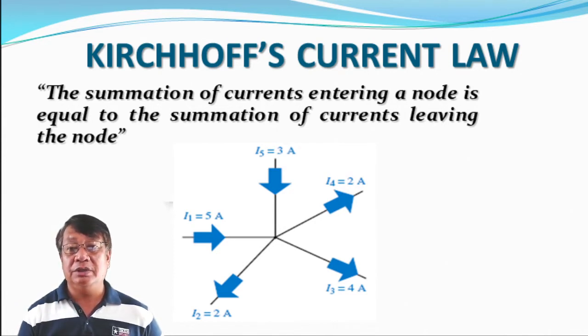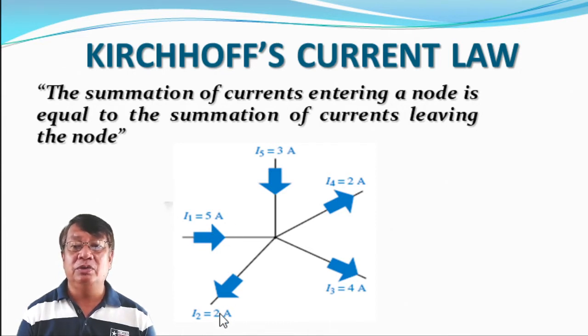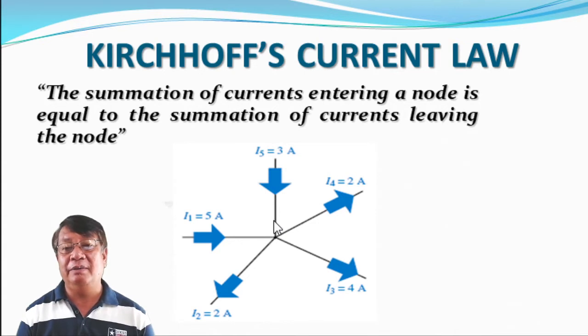Okay, so as you can see in this presentation here, how many currents do we have? We have five currents. We have current I sub 1, which is 5 amperes, I sub 2 is 2 amperes, I sub 3 is 4 amperes, I sub 4 is 2 amperes, and I sub 5 is 3 amperes.